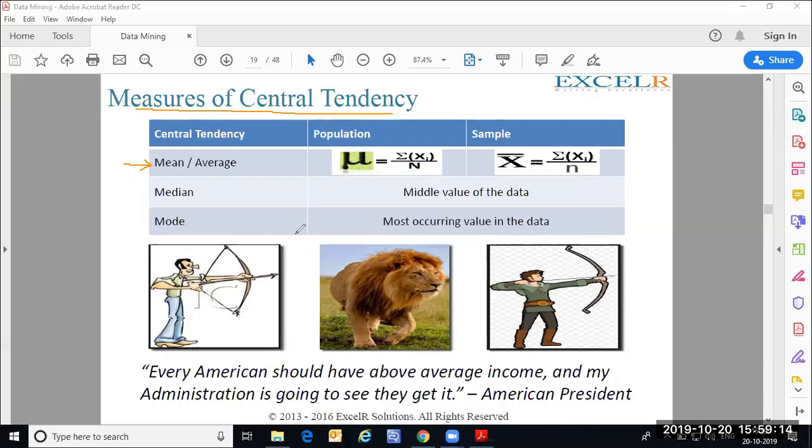Whenever we look at any of these measures, we need to think both from the population perspective as well as the sample perspective.